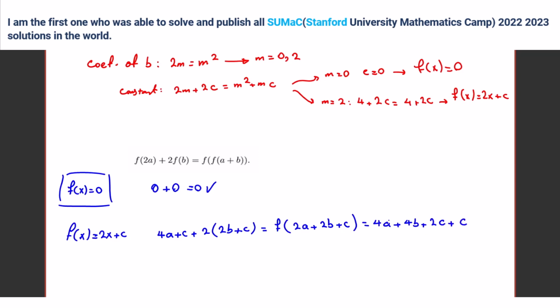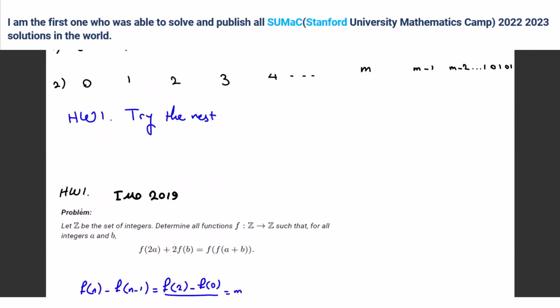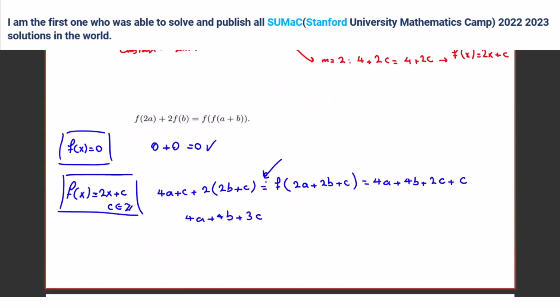Then what can we say? If we simplify, are they equal? 4a plus 4b plus 3c on both sides. They are equal, right? c can be any number, an integer, since it was f of 0. So we proved this one also.